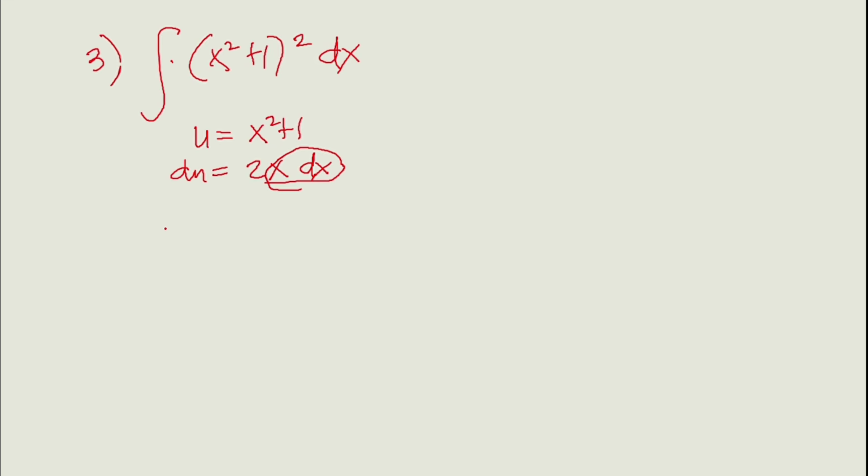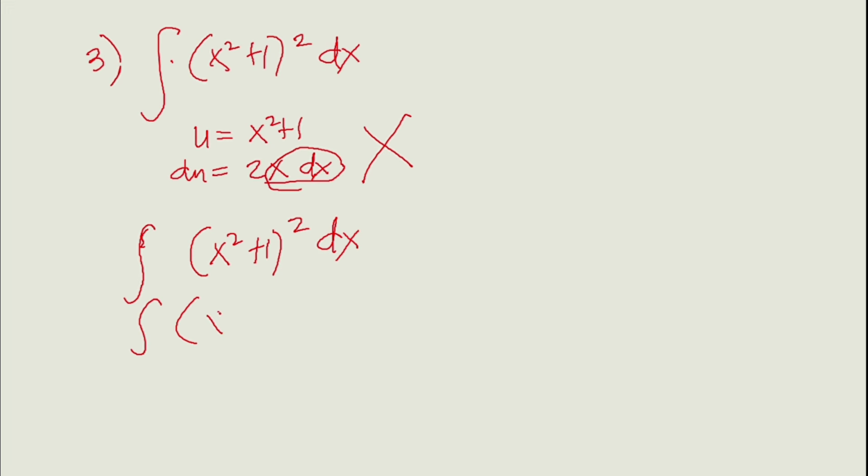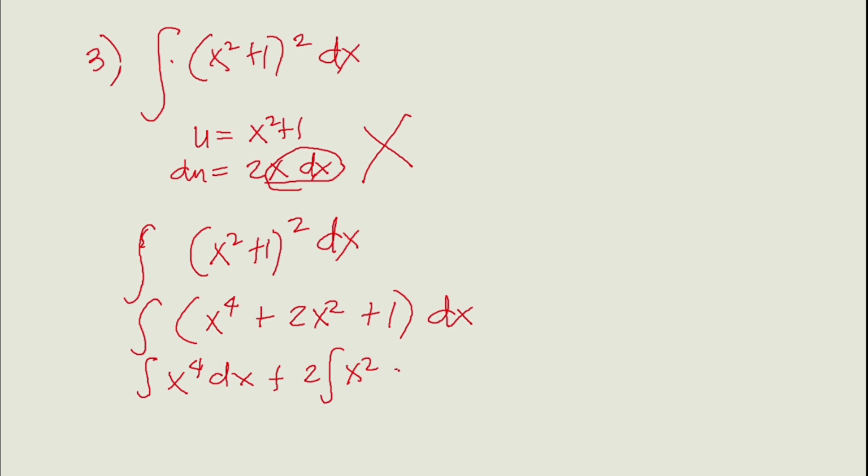Okay, so we have here integral of (x squared plus 1) squared dx. So we could not use substitution. So just simply, we have x raised to 4 plus twice the product of this one, 2x squared, plus square the last term. Okay, square the first term, twice the product, x squared times 1, plus 1 squared. So integral of x raised to 4 dx plus 2 integral of x squared dx plus integral of dx.